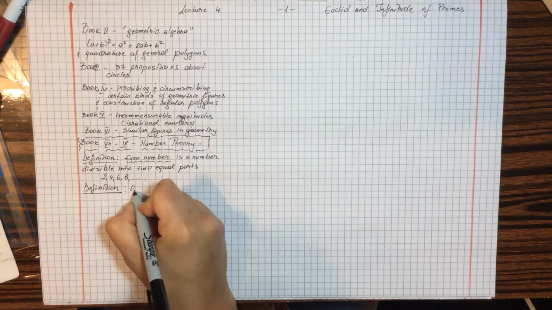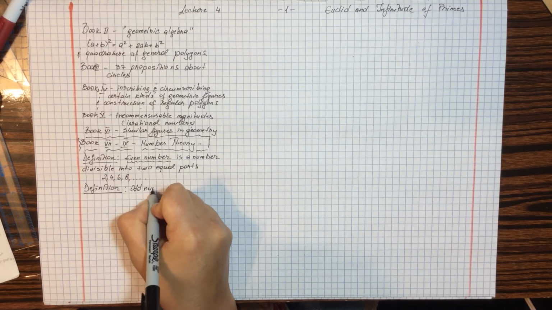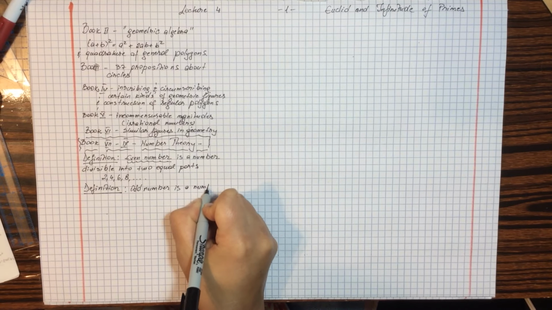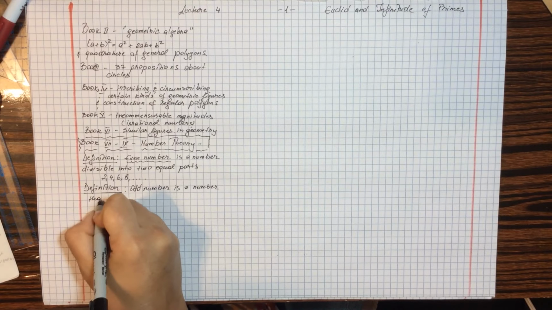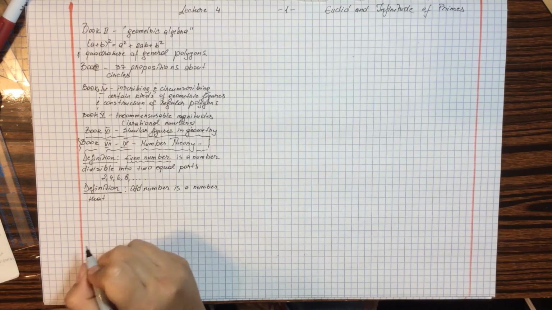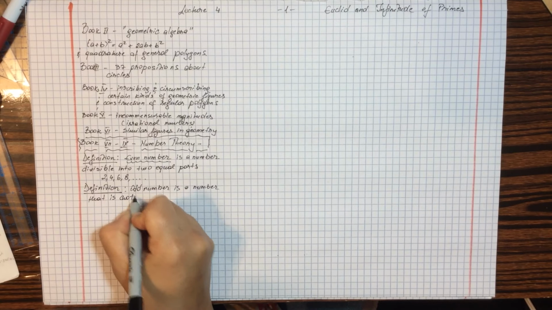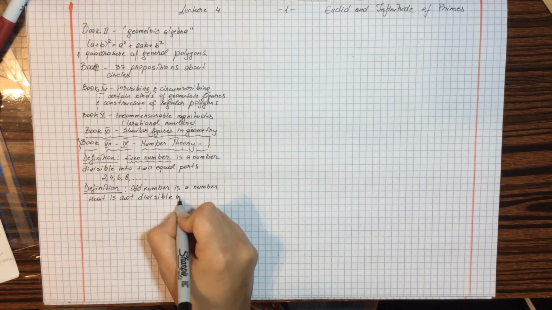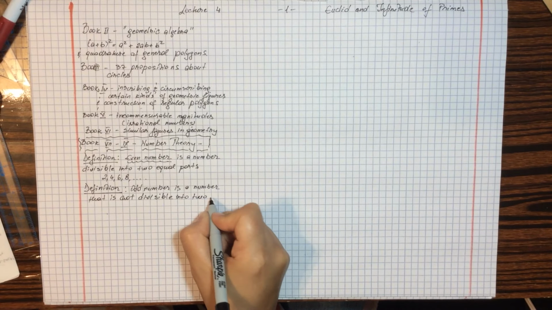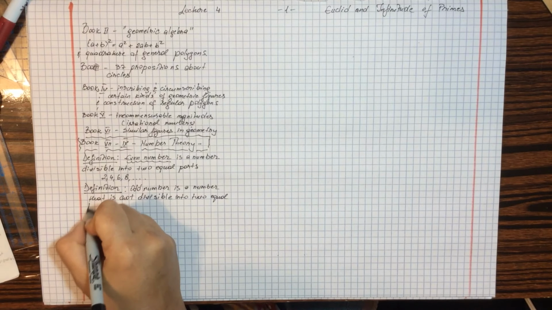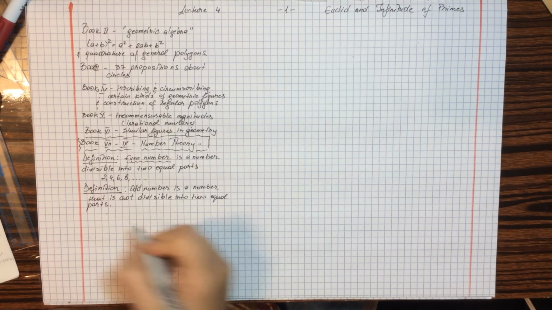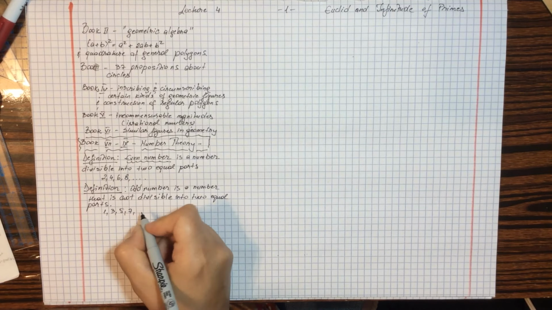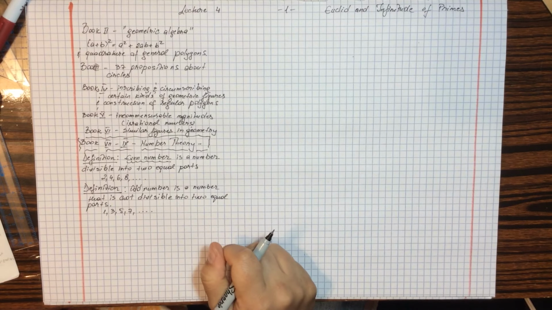So an odd number is a number that is not divisible into 2 equal parts. Examples: 1, 3, 5, 7, and so on.